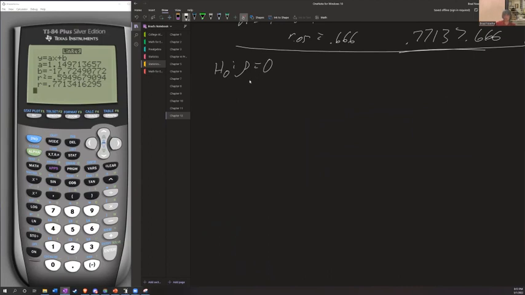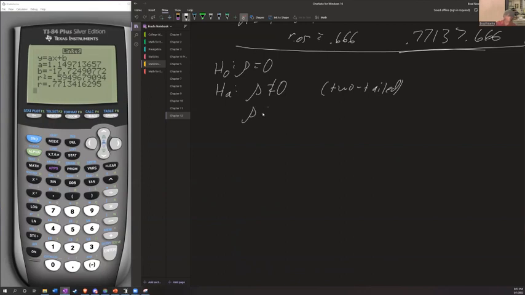Okay, so rho equals 0 will always be your null hypothesis for these. Your alternate hypothesis is going to depend on your test. So you have rho does not equal 0. This is for your two-tailed. And if rho does not equal 0, what that means is just there is a significant linear relationship. It doesn't tell us which direction it is, though.